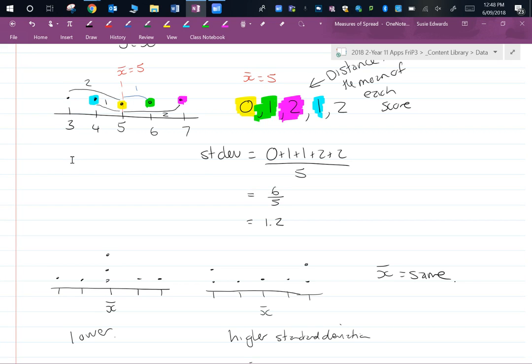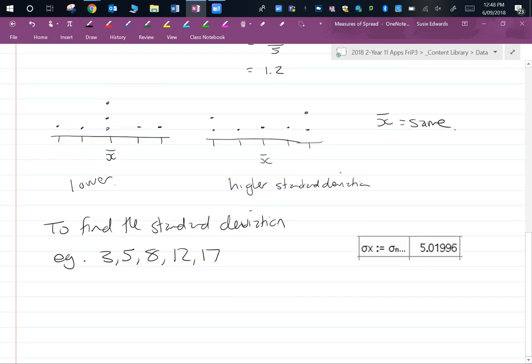If I said 0 plus 1 plus -1 plus 2 plus -2, I'd end up with 0, okay? So in this process, we can't use the positive and the negative numbers because we're finding the distance from the mean. We're always going to end up with 0 otherwise. This is why we have to do something extra in this. I'll show you what, but that's why, just so you know.